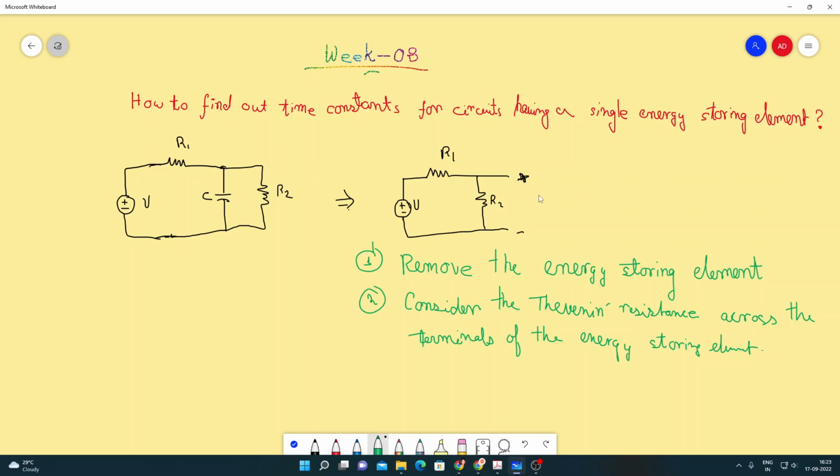So we have to now consider the Thevenin resistance across the terminals of the energy storage element. This is this plus and minus sign. So what is the Thevenin resistance here?